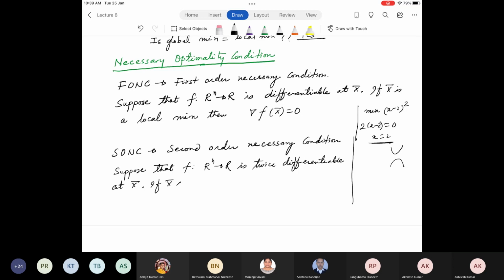If x bar is local minimum, then del f(x bar) should be equal to 0 and Hessian at x bar should be positive semi-definite.